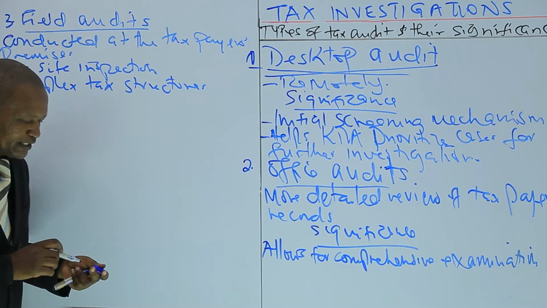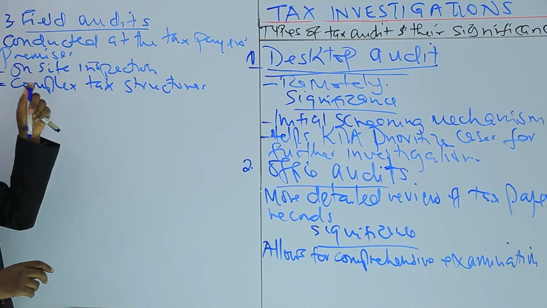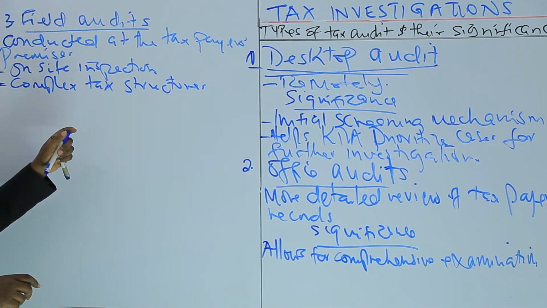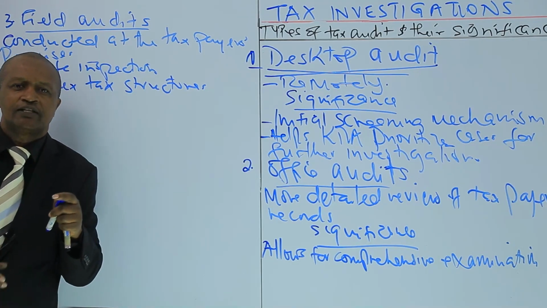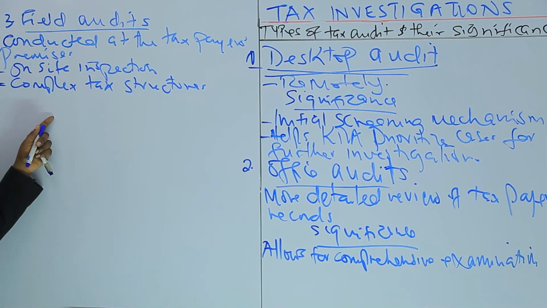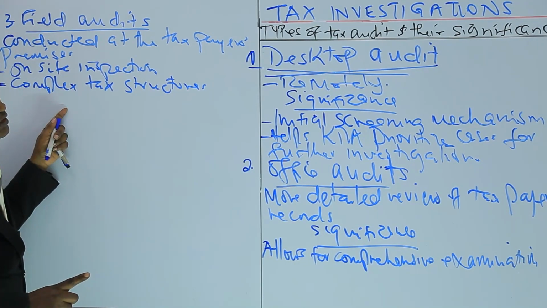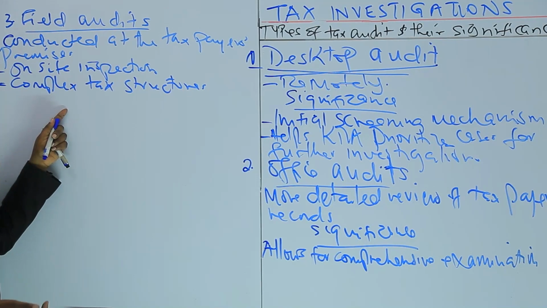Then KRA will have to conduct field audits, on-site comprehensive audits, right? And the authority may employ specialized auditors and also take advantage of the work of forensic accountants.